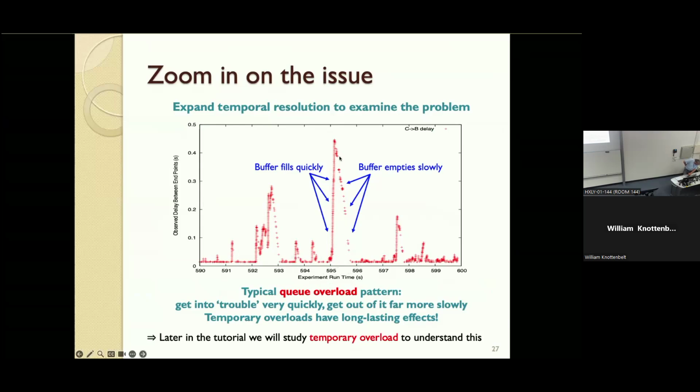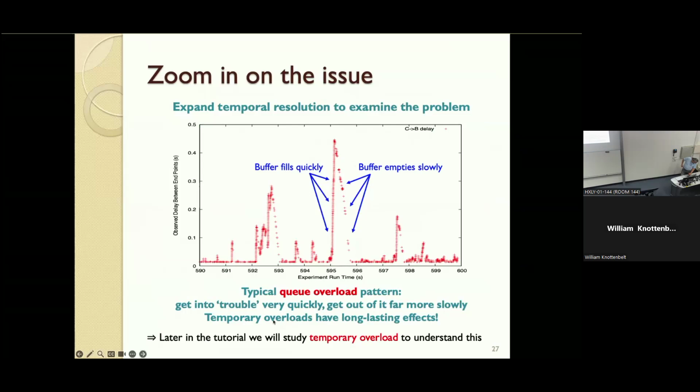This is actually a typical delta Q overload behavior. If you have a queue in the system or an input buffer and packets are coming in, if the packets come in too quickly, that buffer gets full, and emptying the buffer is very slow because each packet in the buffer takes a certain time to treat, okay? So it's very easy to get into trouble very quickly, but you get out of it much more slowly.